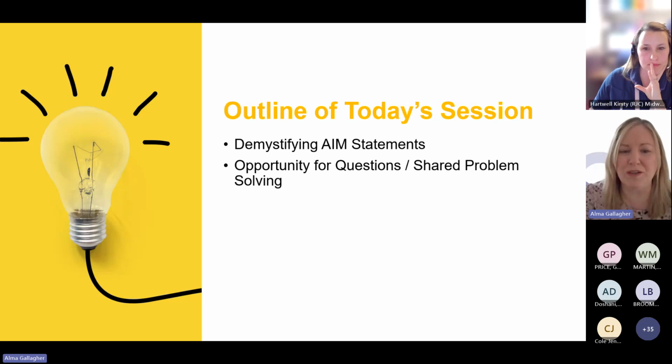So hopefully we'll work through some of the methodologies and keys to success, and by the end of today's session you'll have more information and tools to make a start. And there'll be opportunities for questions or shared problem solving.